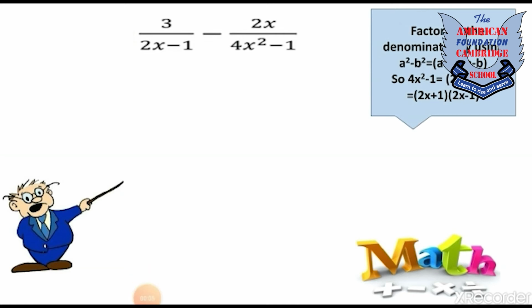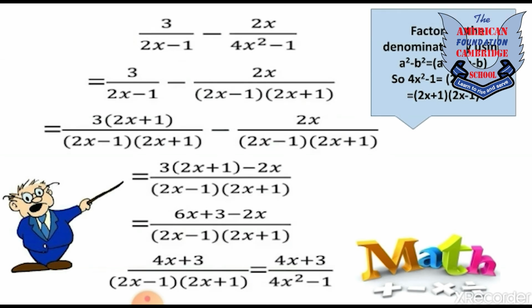Coming back to the first step, the denominator of the second fraction can be written as (2x plus 1) into (2x minus 1) after factorization. Second step, now you have to make both the denominators the same. For that you just have to multiply the numerator and denominator of the first fraction by 2x plus 1.